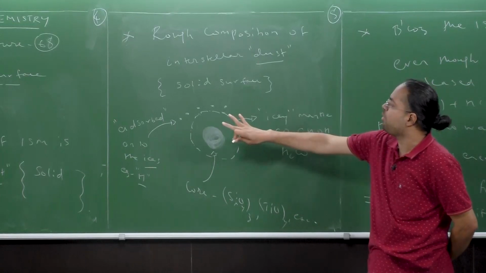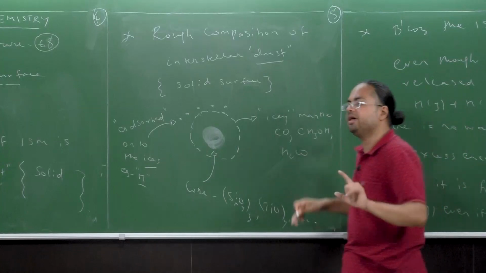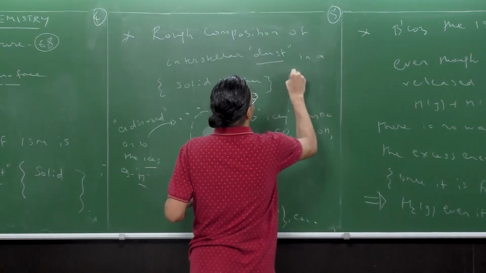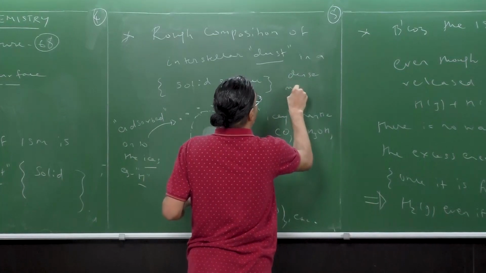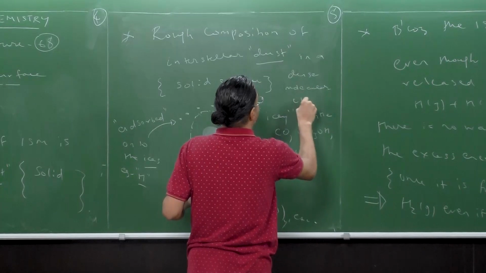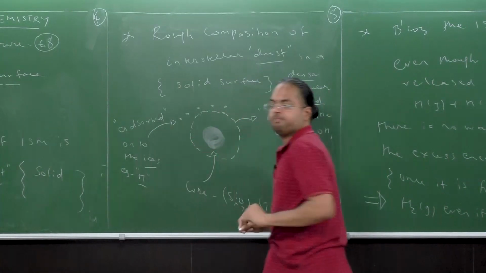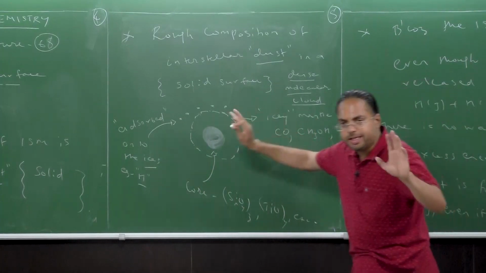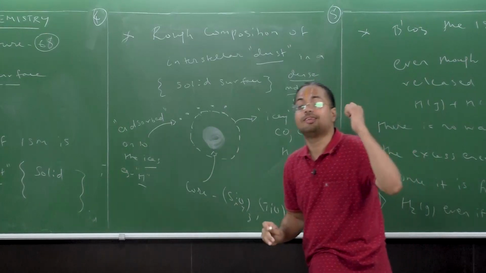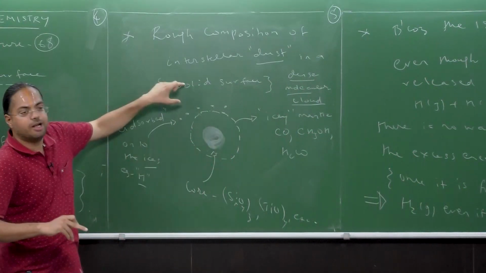So this is the overall structure of interstellar dust, especially in a dense molecular cloud. Please note this point. The key idea is that the surface provides sites for individual atoms and molecules to get adsorbed.